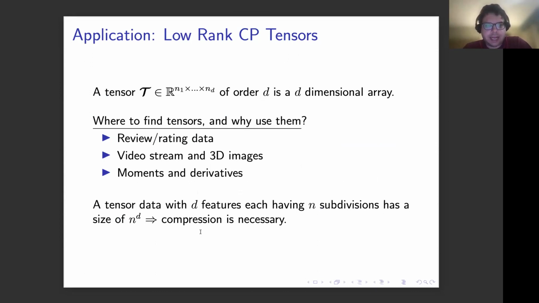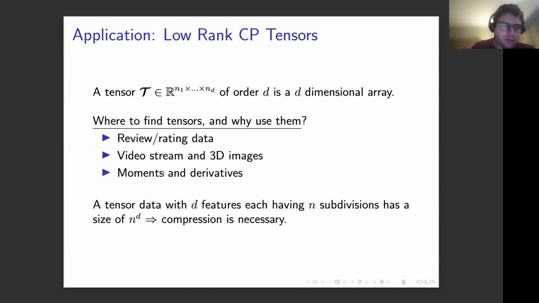They arise in a host of situations. Data might naturally be organized in an array if there are more than two attributes defining each data point. You can naturally put a 3D image as a third order array where each direction corresponds to a spatial direction.